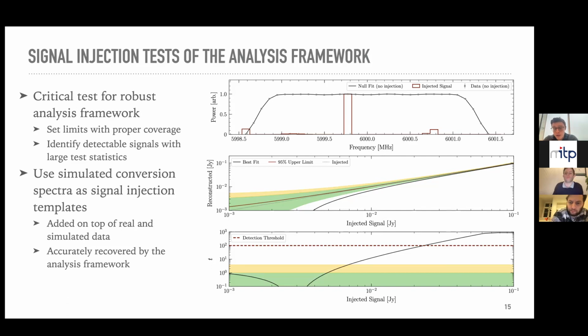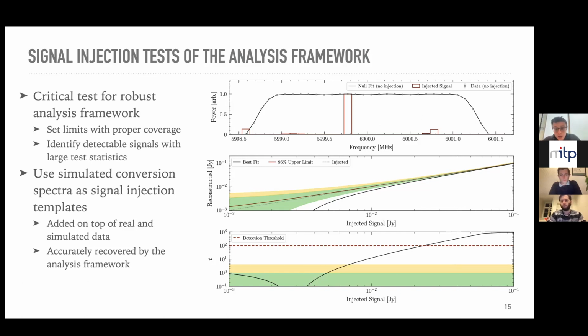just to the left of 6,000 megahertz. Now, the bottom two plots, what you can see are just first, what do we get in terms of if I inject a signal with some particular flux density, what is the flux density that I reconstruct as the magnitude of that excess? The gray dotted line is the injected signal strength. The black is the signal strength that we recover from our analysis. And the red is the 95% upper limit.